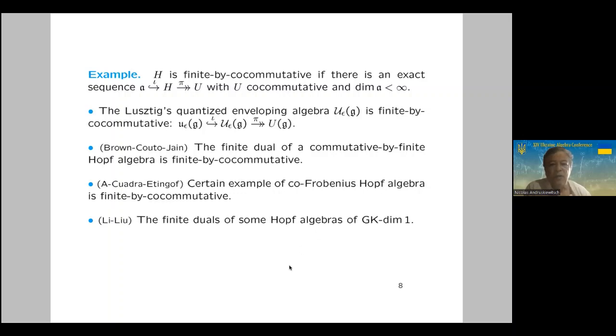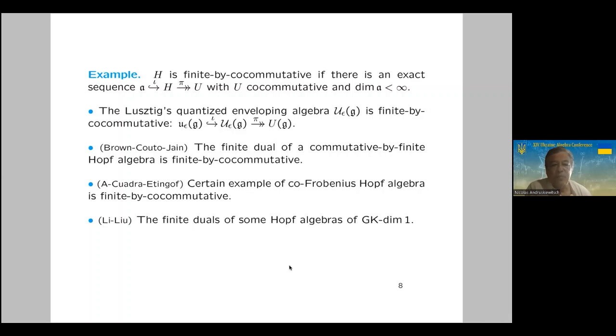Now I go to another example of this kind of denomination, which is finite by cocommutative. Finite by cocommutative, as I said before, will mean that there is an exact sequence A inside H projected to U, where A now is finite dimensional, so now the finite is at the beginning, and the quotient is cocommutative. Examples of cocommutative Hopf algebras are, of course, universal enveloping algebras and group algebras.